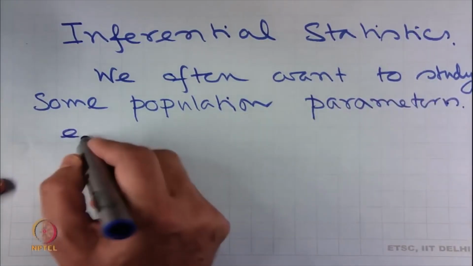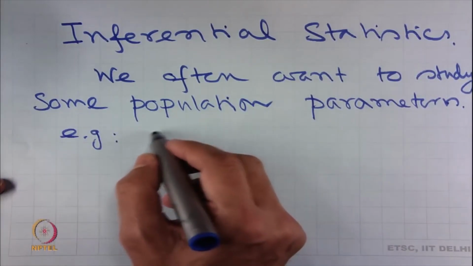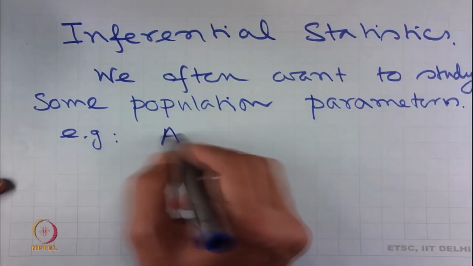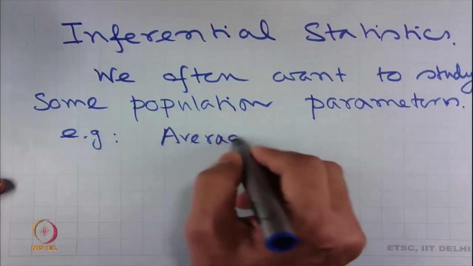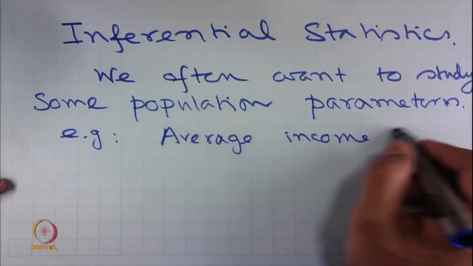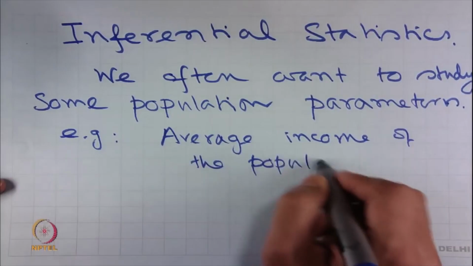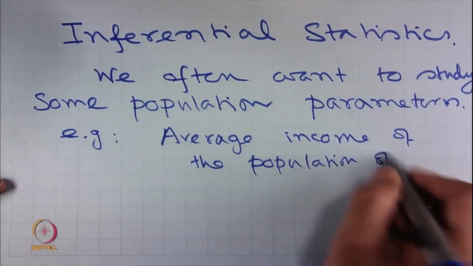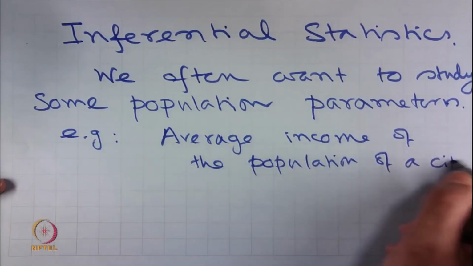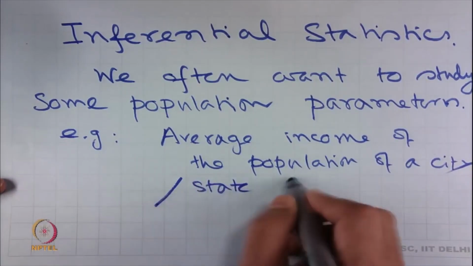For example, we may like to know the average income of the population of a city or state or country.